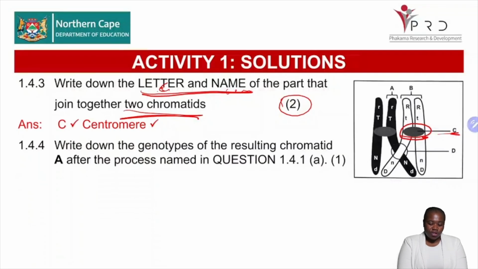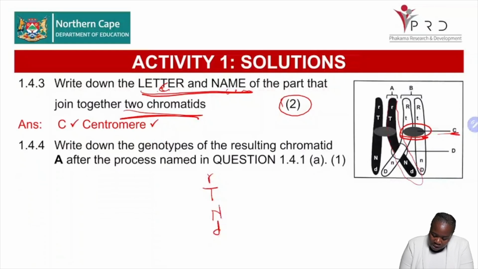1.4.4, write down the genotypes of the resulting chromatid A after the process named in 1.4.1a. So chromatid A, here it is. Chromatid A initially was R, T, N, D, the black part. Now it is going to be swapping with the white part.